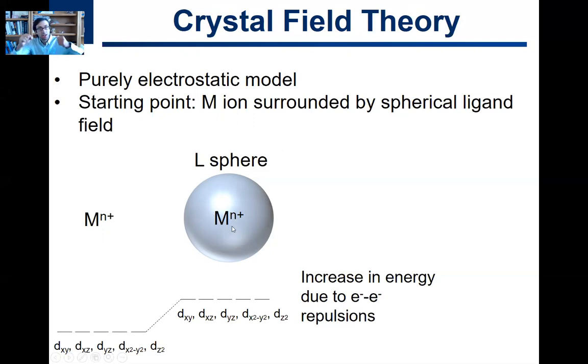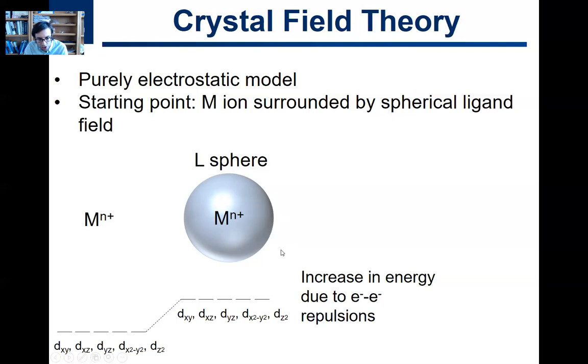So you have negative electrons in these electron clouds, like in the orbitals, right? And so that is going to cause all these energies to go up, because you have electron-electron repulsions. So the negative charge of ligands, just the fact that there's electrons in there, causes all these orbitals to go up.